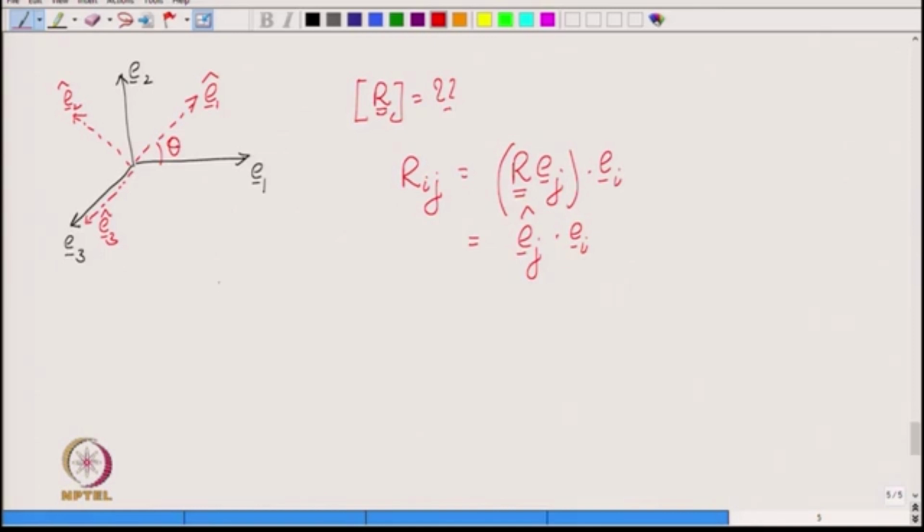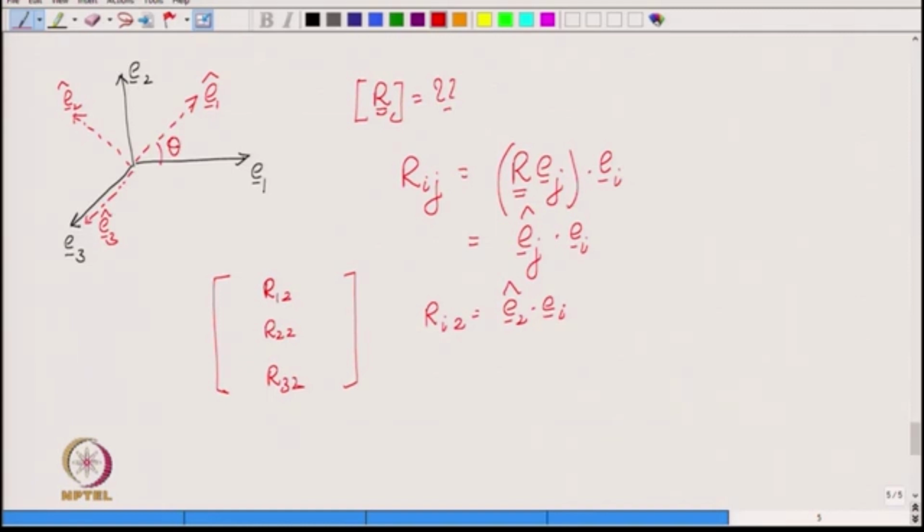Can you see it? So, I have this rotation matrix, let us say j is equal to 2. So, we have R 1 2, R 2 2, R 3 2. So, R i 2 is simply E 2 hat dot E i. So, R 1 2 for example, is E 2 hat dot E 1, the component of E 2 hat along E 1.